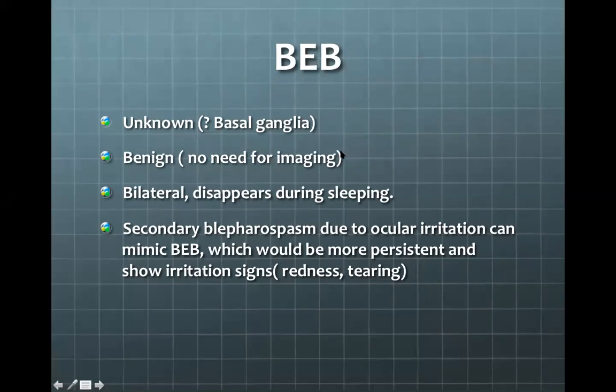So there is no etiology and it's benign. So in most of the cases, or almost all of the cases, no need for imaging. The typical benign essential blepharospasm is bilateral and it disappears during sleeping.